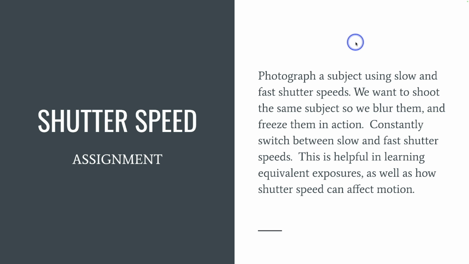What we want you to do is experiment, especially on the low end, to see how a 60th of a second blurs versus 1 second blurs. Try different adjustments. Don't try the same thing. A lot of times people try to just get the exposure right and they shoot everything and they're done. Well, that's great, but you don't really learn as much as if you experiment and try different equivalent exposures.